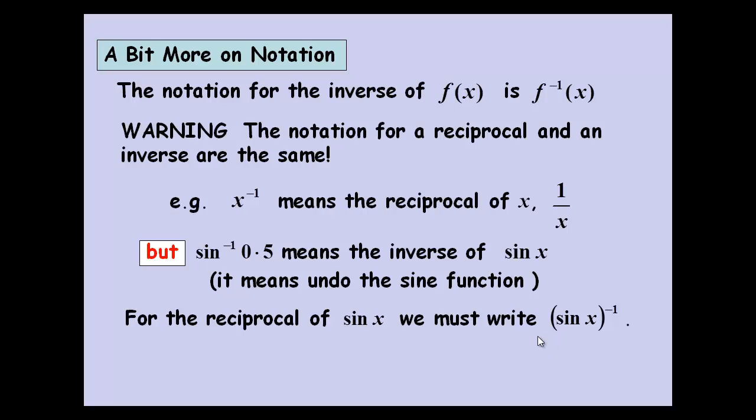I know it's confusing and it's perhaps a little contradictory, as with powers like sine squared it means something slightly different, but unfortunately that's the notation we have to live with. So that means 1 over sine x. This means the inverse.